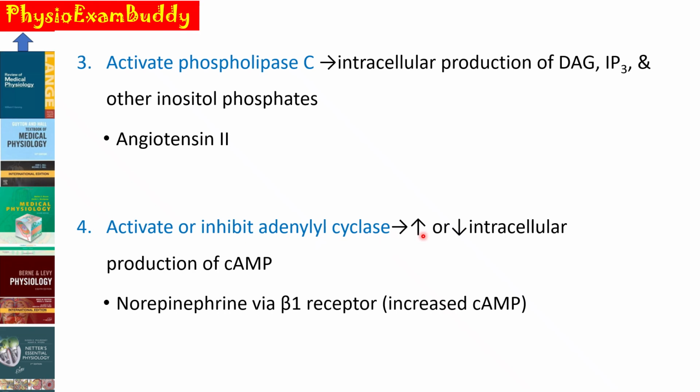So there will be either an increase or decrease in the intracellular production of cyclic AMP. The classical example for this type of mechanism is norepinephrine, which acts via the beta 1 receptor, causing an increase in the cyclic AMP inside the cell.